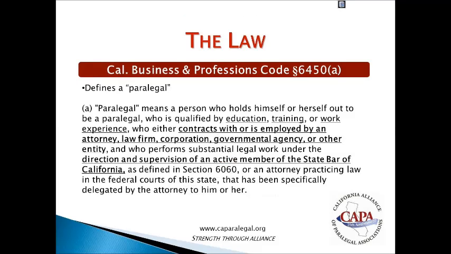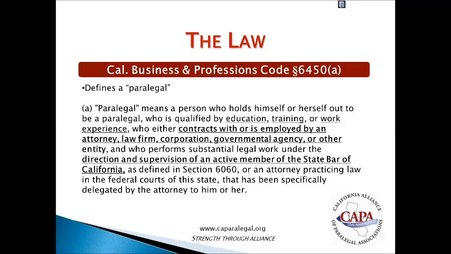The law says, in Section 6450(a) of the Business and Professions Code, that a paralegal means a person who holds himself or herself out to be a paralegal, who is qualified by education, training, or work experience, who either contracts with or is employed by an attorney, law firm, corporation, governmental agency, or other entity, and who performs substantial legal work under the direction of an active member of the State Bar of California, as defined in Section 6060, or an attorney practicing law in the federal courts of the state, that has been specifically delegated by an attorney to him or to her.